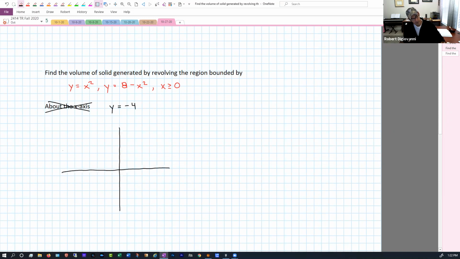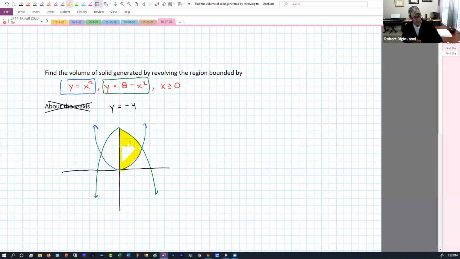Now this is the third time we've graphed these, so this x equals y squared's in blue. The 8 minus x squared, that's in green. I'm still to the right of 0, or to the right of the y-axis.